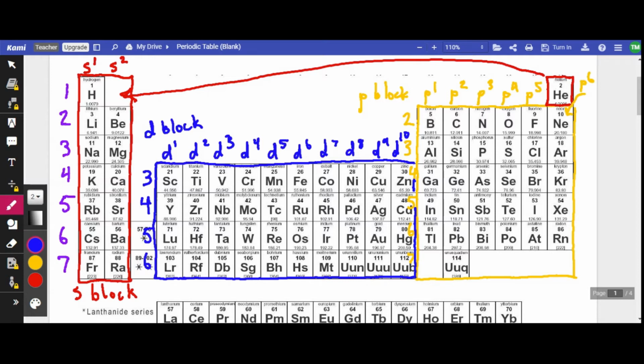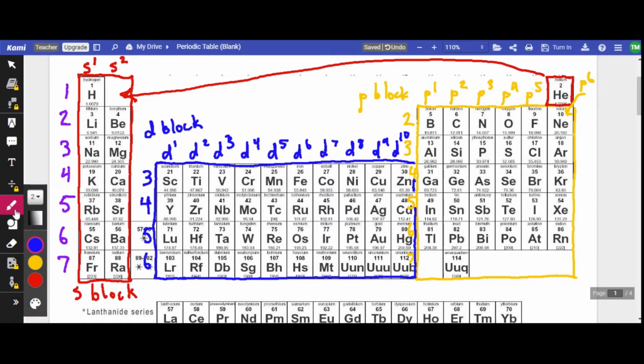Something like rhodium would end in 4D7. You can see that there. Something like platinum would end in 5D8, and so on. So that's our D block.